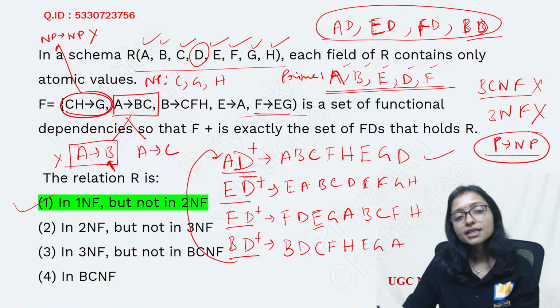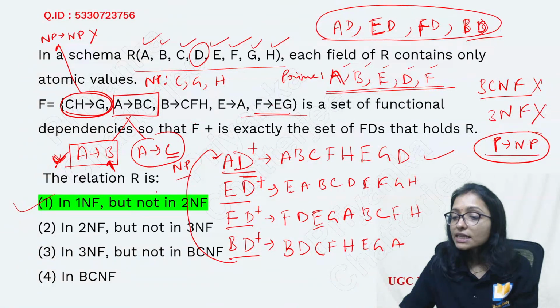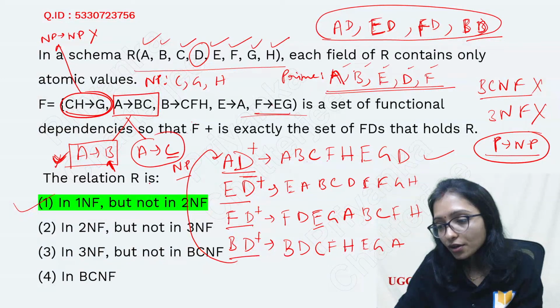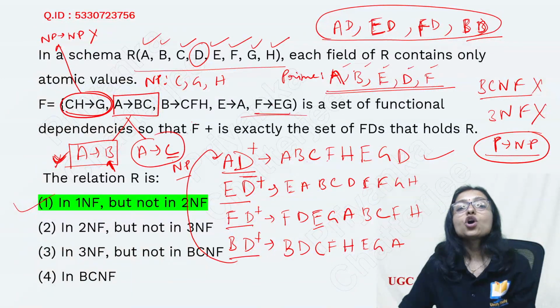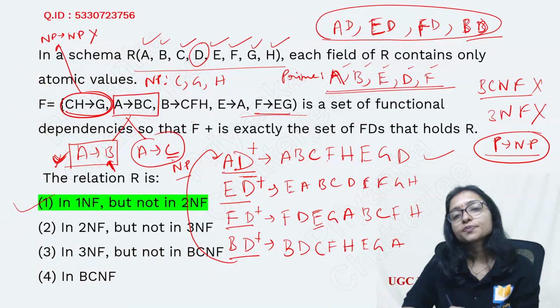It is not creating any problem. This is in 2NF. But A to C is non-prime. As this is non-prime, that's why it is not in 2NF.